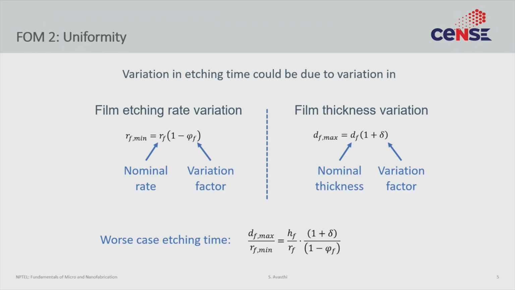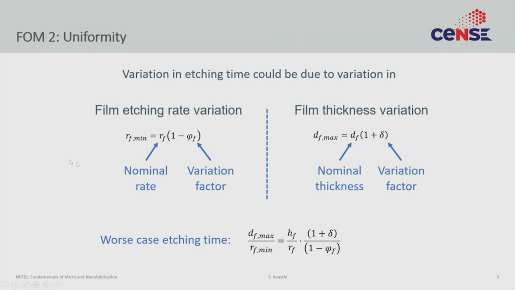So not only is the etching time varying, but also the thickness of the film being etched is varying because it is non-uniform. So both of these must be accounted for to calculate the worst case etching time: the time that you must do the etch to make sure that all the features on the film are at least getting etched to that required depth.